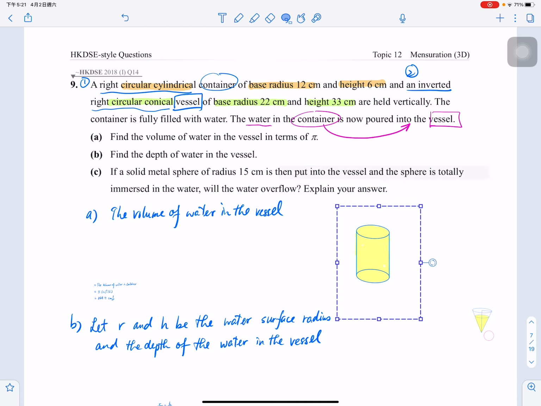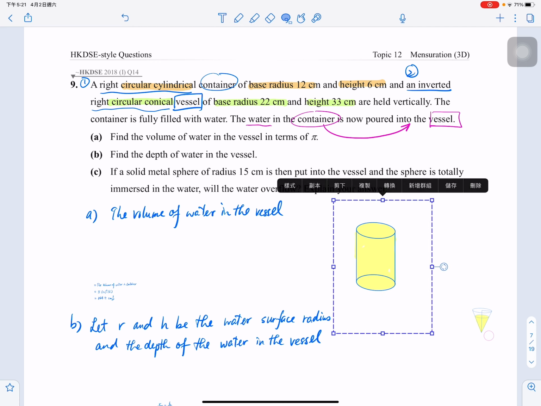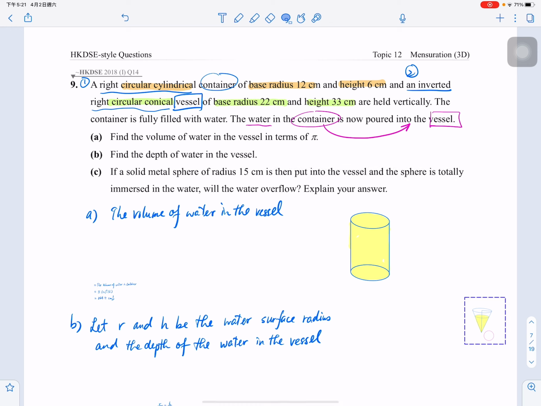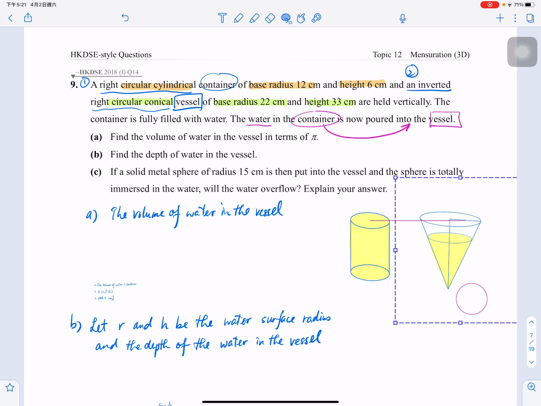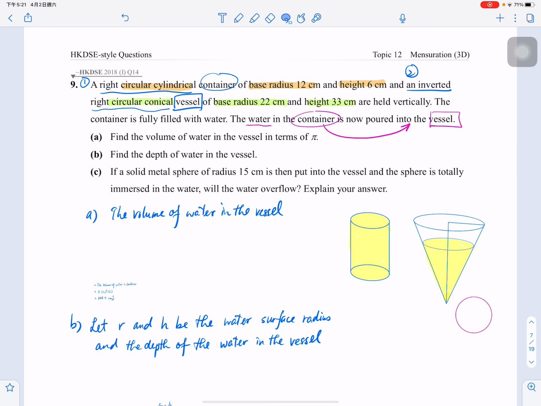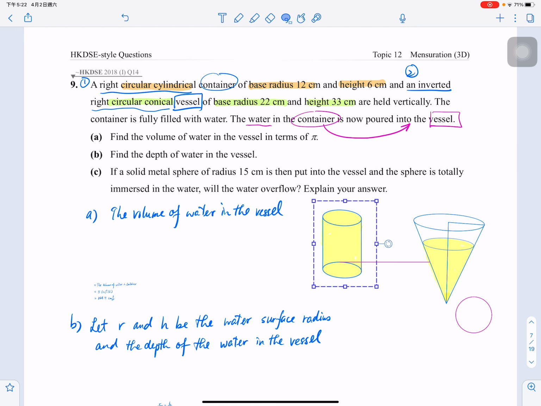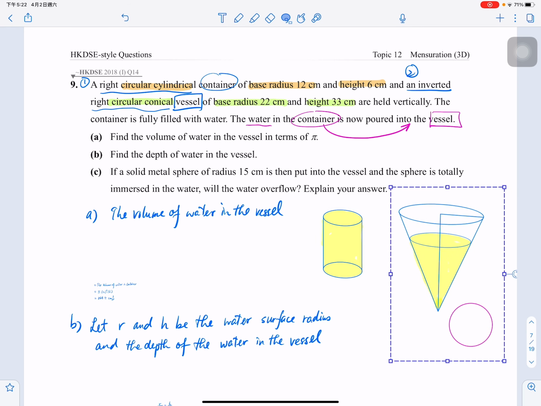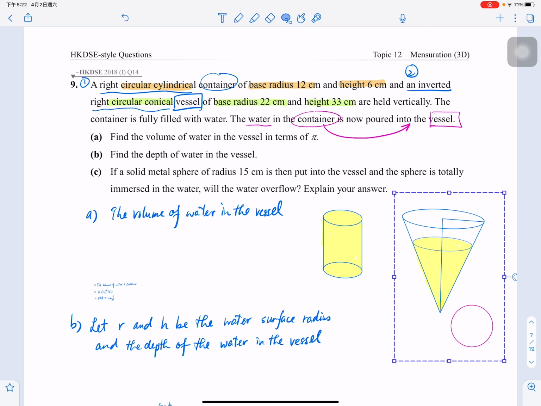One circular cylindrical container, second and the third one about the circular cone. Maybe this one right here is better. This one I want to enlarge a little bit. Okay, like this. This one fully filled with water and then is poured into the vessel.